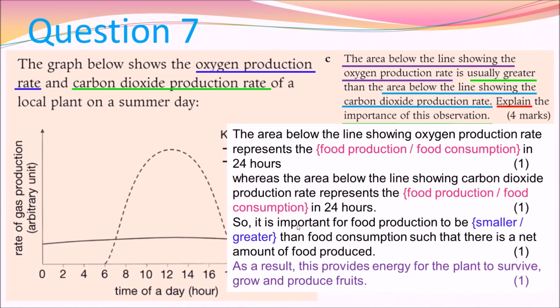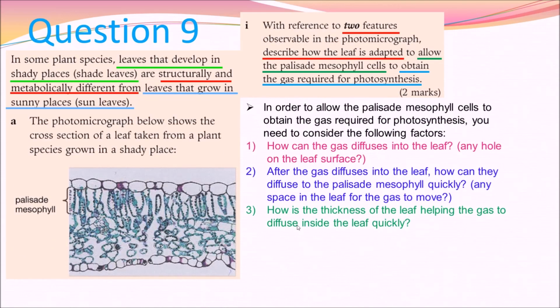So that's question 7. For question 9, question 9A1 is a bit easier because it's talking about the leaf structure. The whole question is about comparing two different types of leaves. One type is the leaves that develop in a shady place, which we call shade leaves.